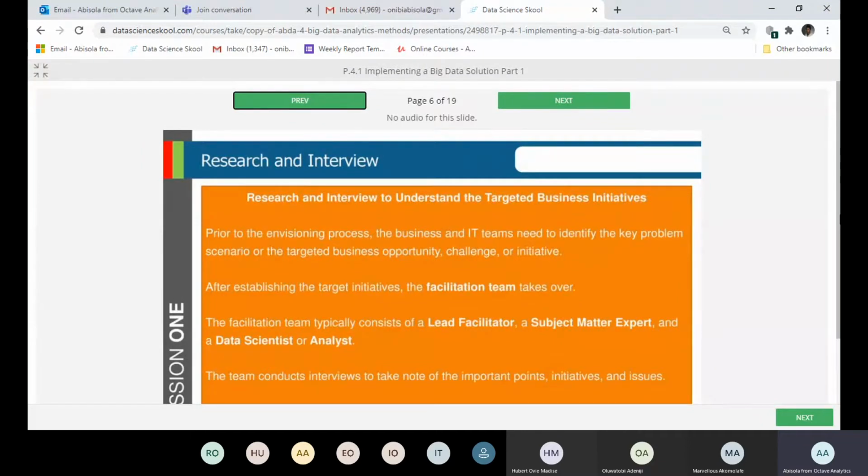So for the research and interview phase, there are some things that this facilitation team does.